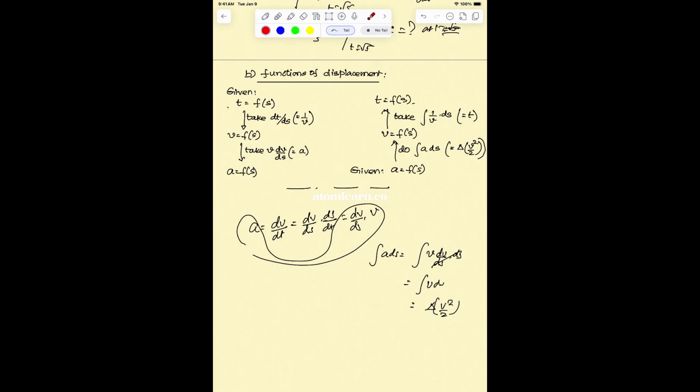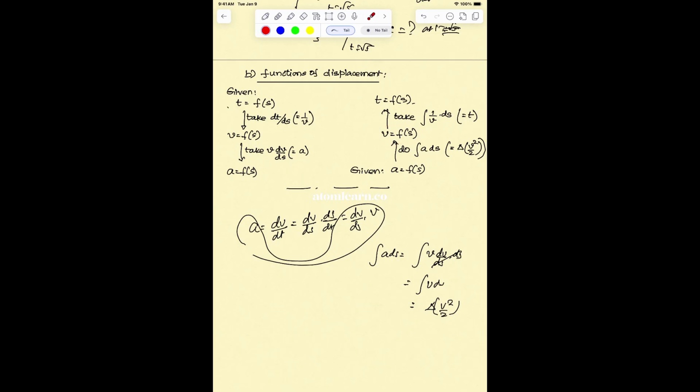Once you apply the initial condition that they are given, you can take out the velocity as a function of displacement, because from here you can get velocity squared as a function of displacement. Then of course take a square root to get velocity as a function of displacement.